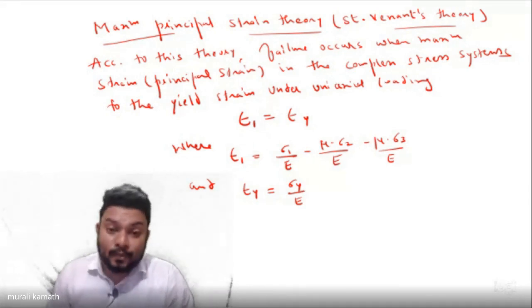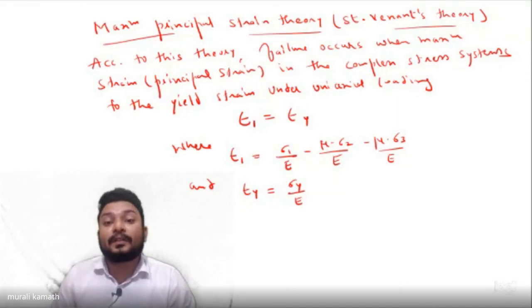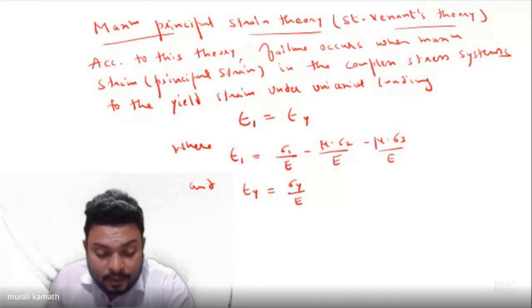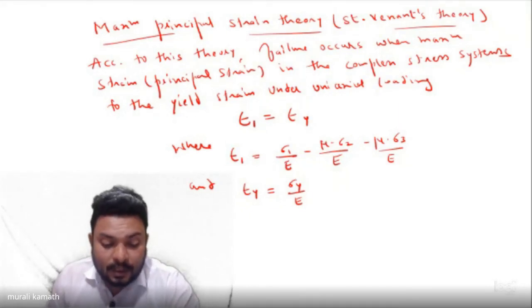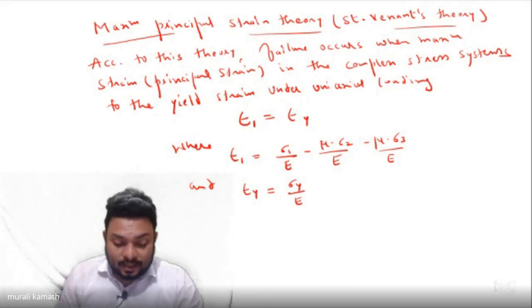Stress is directly proportional to strain, and when you remove your proportionality, you will get your Young's modulus, right? So strain is sigma y by E, yield strength.